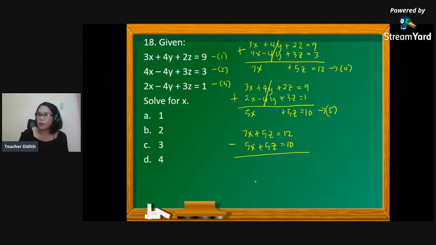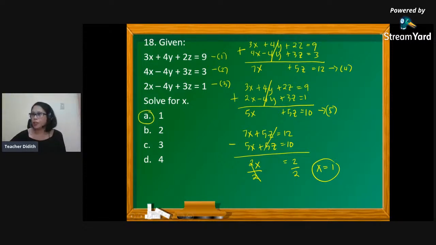So this time we'll use subtraction. 7x minus 5x is 2x and this is 0. That's why that's cancelled. And 12 minus 10 is 2. So divide both sides by 2. We now have the value of x and x is 1. And your answer is A also. Correct. Okay? So you don't need to solve for y and z since what is asked in problem 18 is just solving for x.